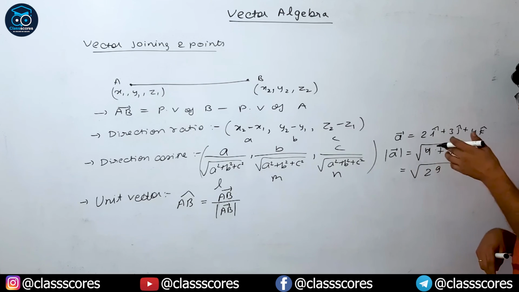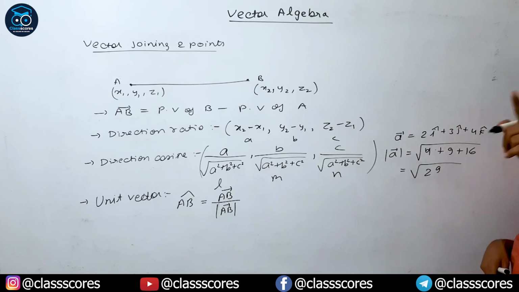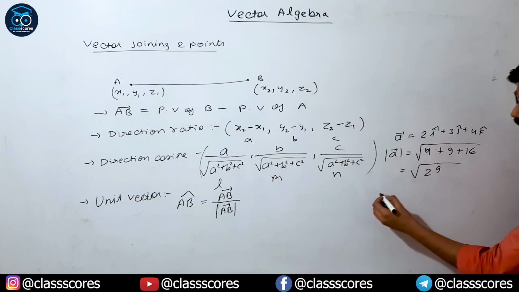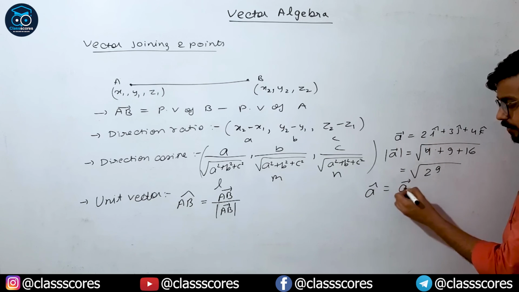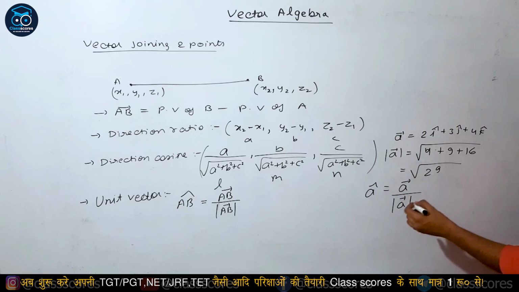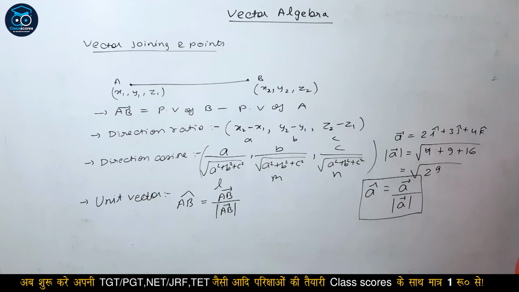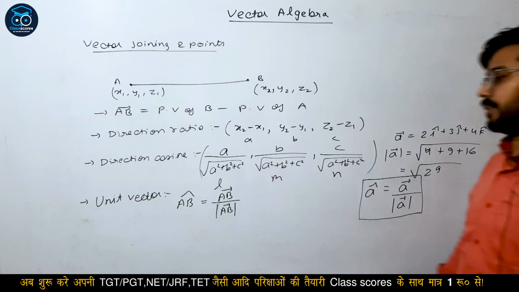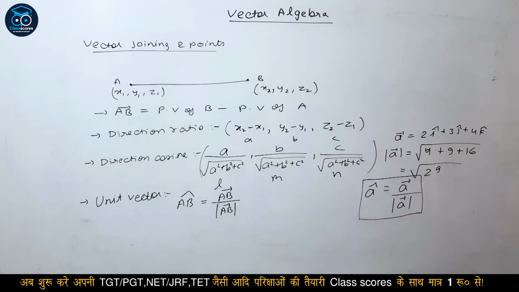How can I convert? Just simply I need to divide by this number as well. If I divide the mod of a vector by mod of the vector, then I will definitely get 1. So I just divide any vector by its modulus, and it always gives you the magnitude 1. That's why I wrote here unit vector AB cap equals AB vector divided by mod of AB vector.